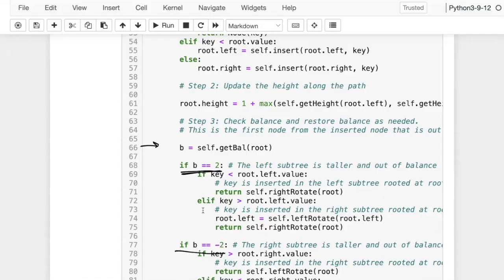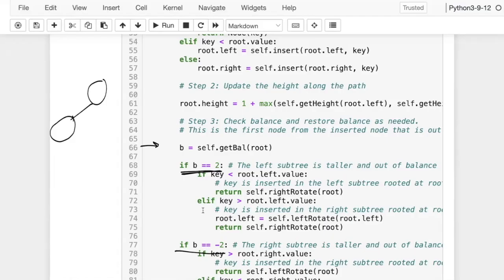If it is negative 2, the imbalance is from the right side. They are symmetrical. We check whether the node that's off balance is off from the left. Then we look at its left child, and then at the child on the path of the node that's inserted.